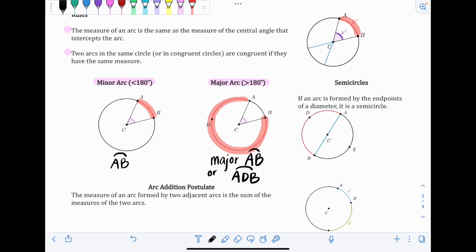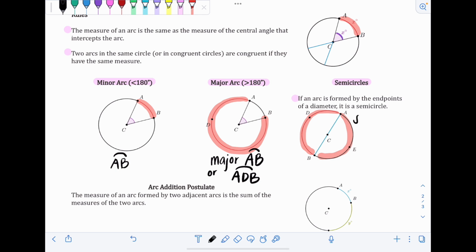And then the last specific type of arc is a semicircle. So if an arc is formed by the endpoints of a diameter, it's a semicircle, because the diameter is going to cut the circle perfectly in half. So the two arcs are going to be exactly half of the circle. So there's two in this picture. One is ADB. That would be a semicircle because AB is a diameter. And then the other one is semicircle AEB.